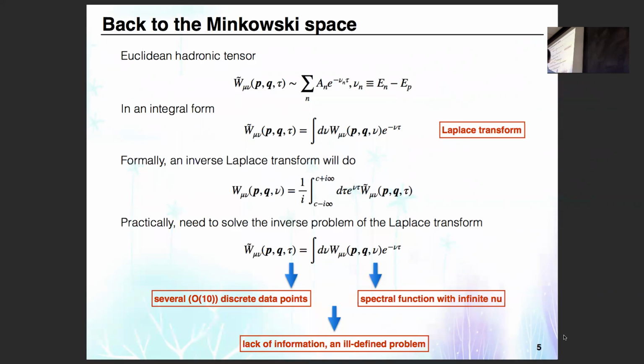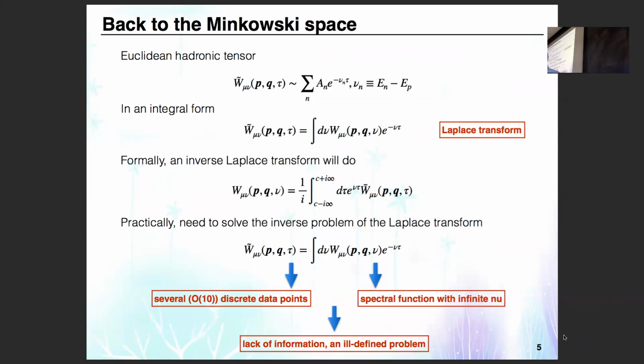But in our case, this tau is some Euclidean time. We have just several, about ten, discrete data points for this correlator. But this Minkowski hadronic tensor, which is somehow a spectral function, is a continuum in mu, which has infinite numbers of mu.